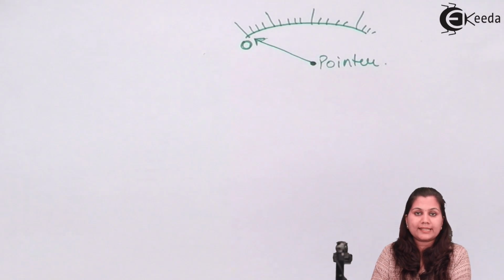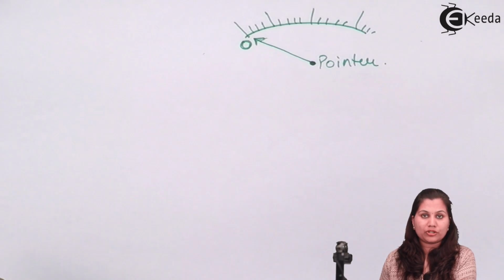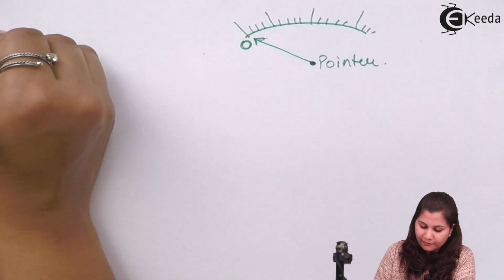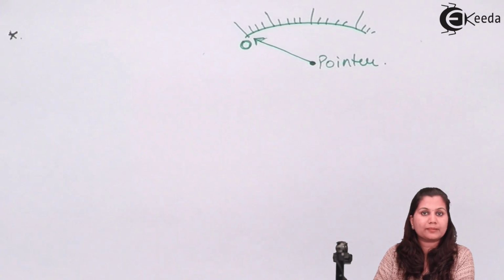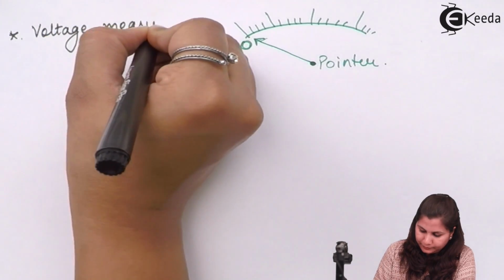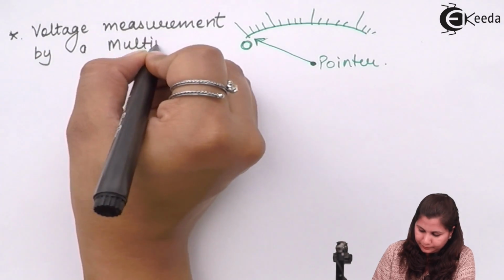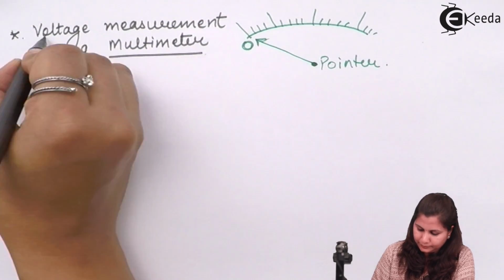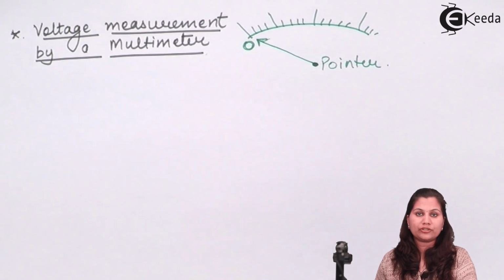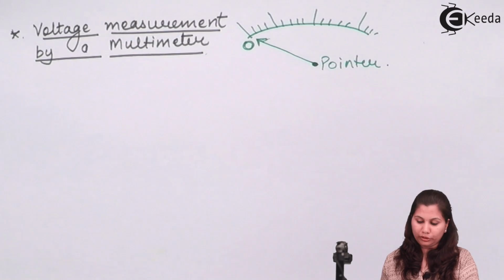So now let us start with how the galvanometer measures voltage, current and resistance. First we will see how the voltage is measured with the help of the analog multimeter. For voltage measurement, the galvanometer is to be converted into a voltmeter.